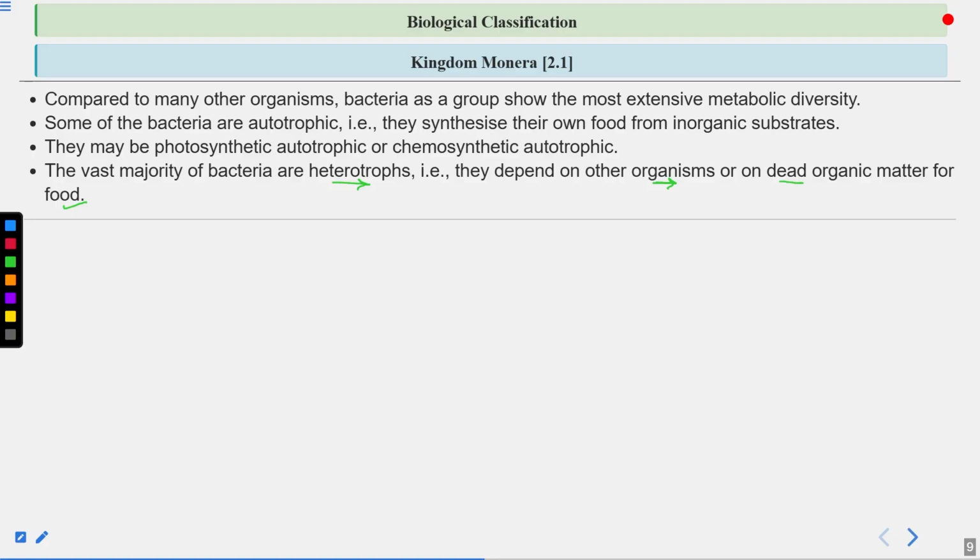Parasitic is when the bacterium is a parasite on the host. It obtains nutrients from the host. Next is saprophytic. Saprophytes feed on dead and decaying organic matter. They secrete digestive enzymes, which degrade the organic matter, and then they absorb the nutrients from this decomposed organic matter.